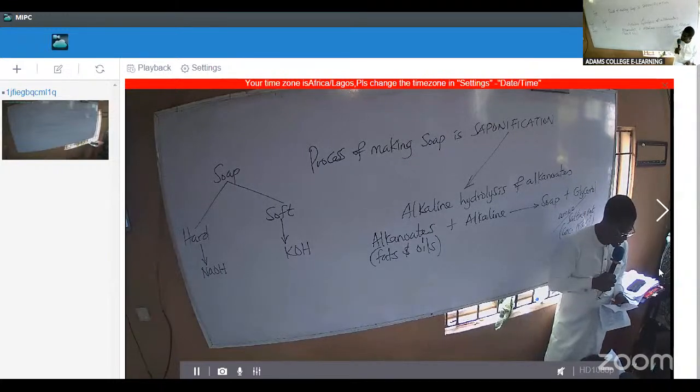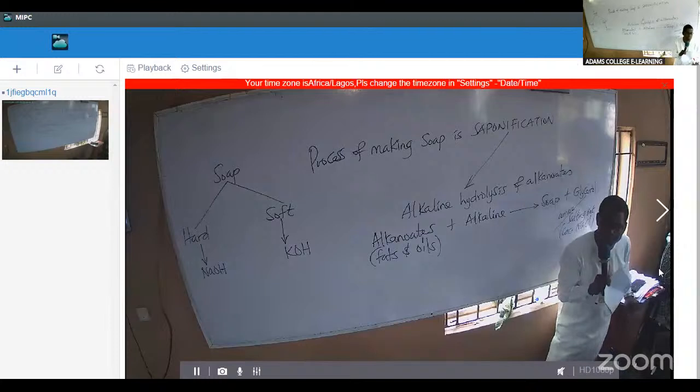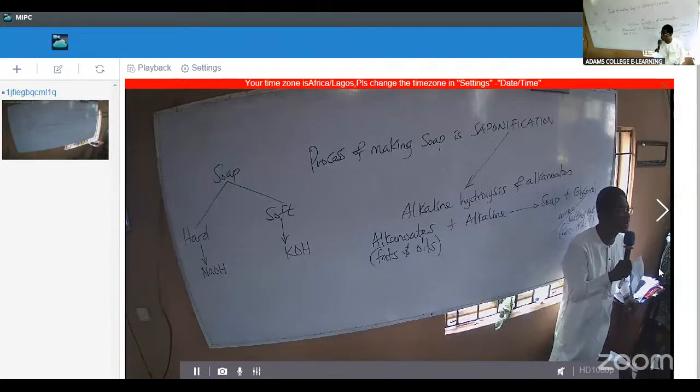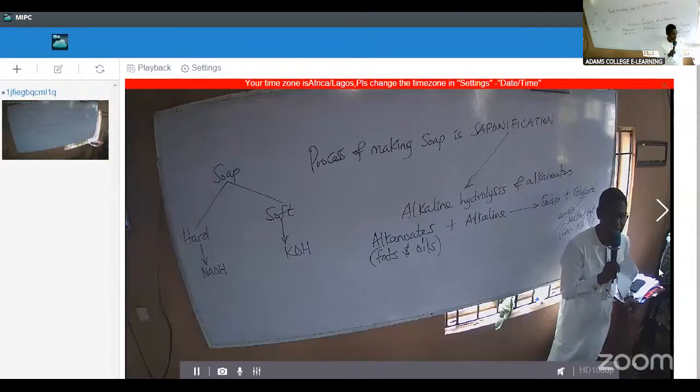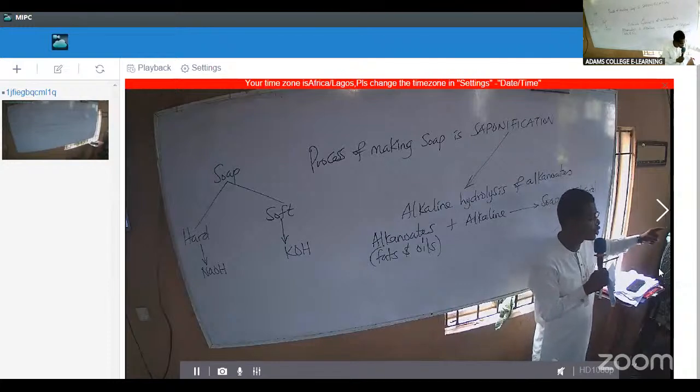The leachate of a certain plant ash is used in local soap manufacturing. Local soap, that's black soap. The black soap is very rich and it does not contain too much soda. But we are using black soap now. Religion has made all our things we do in Africa to be like useless.